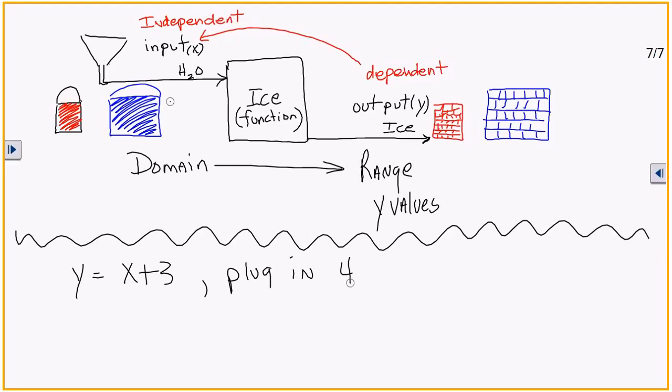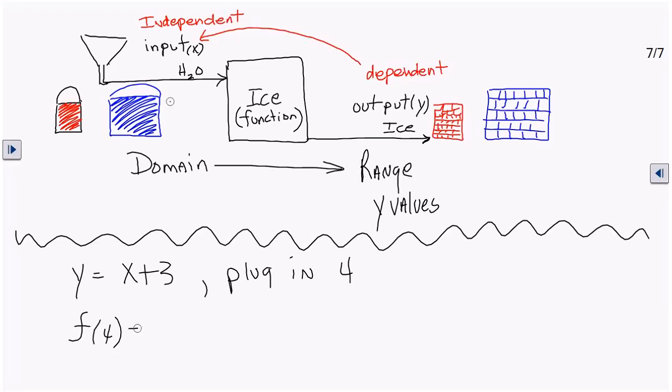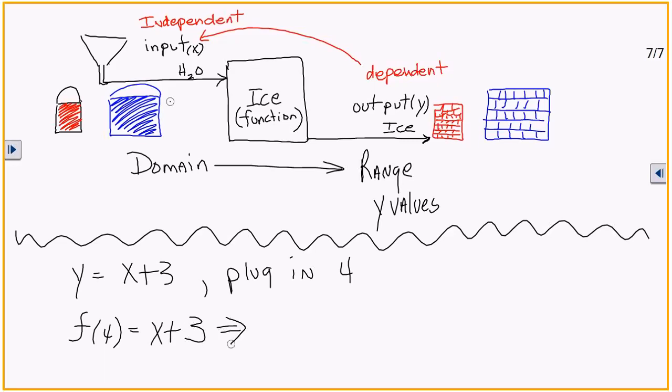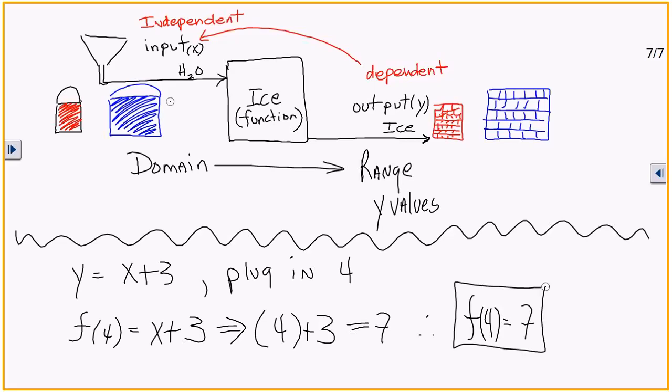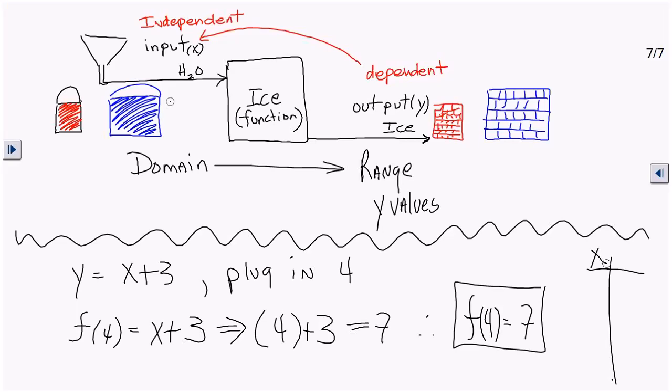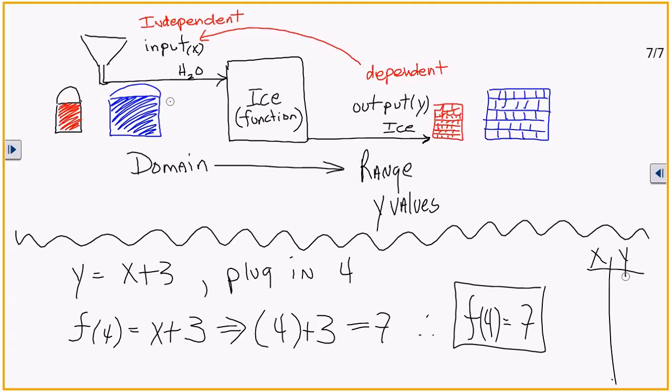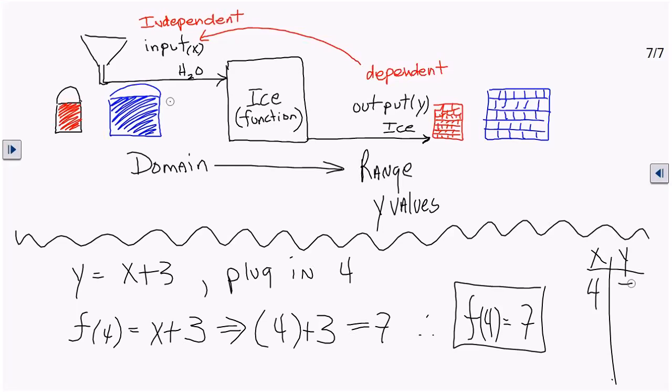So what we do is we go f of 4 of this function is going to give us parentheses 4 plus 3, which is equal to 7. Therefore, f of 4 is equal to 7. The old way of writing it, back in your pre-algebra days, was take x and y, plug in a 4 and get 7.